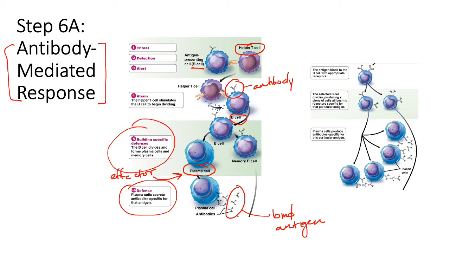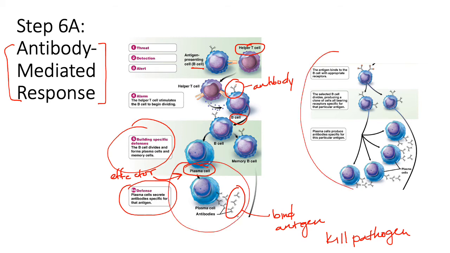We're going to talk about how that works in a second. But essentially, we've created these effector cells that are going to go on to eventually kill our pathogen. And this figure down here, as well as this figure, is showing that process. These figures are one and the same together.